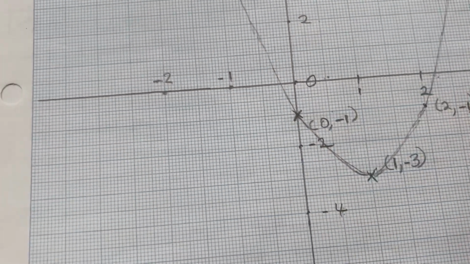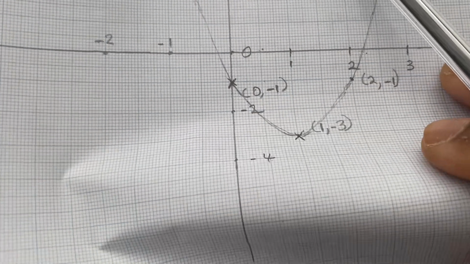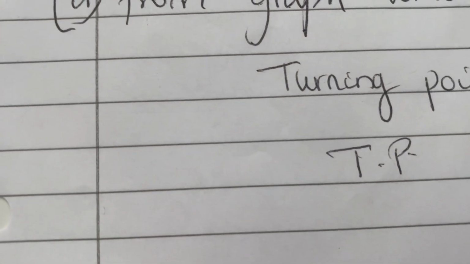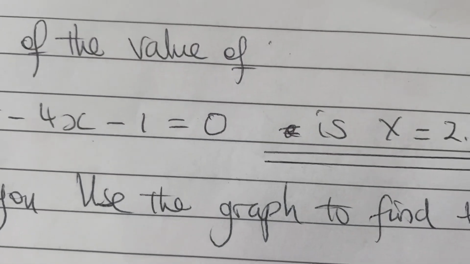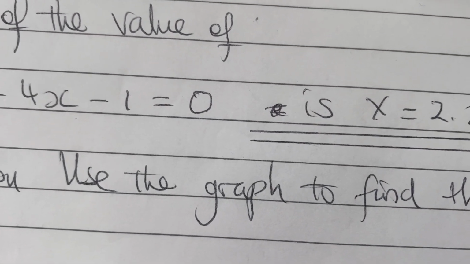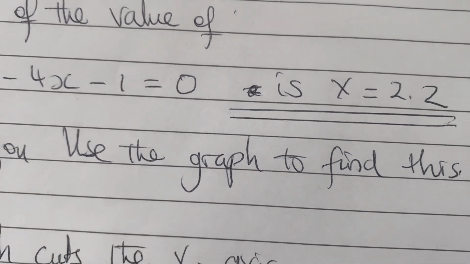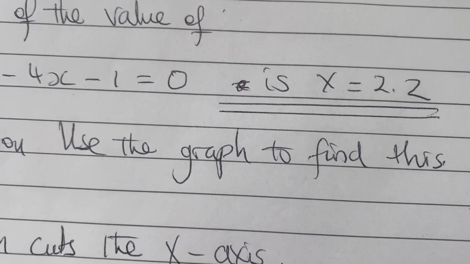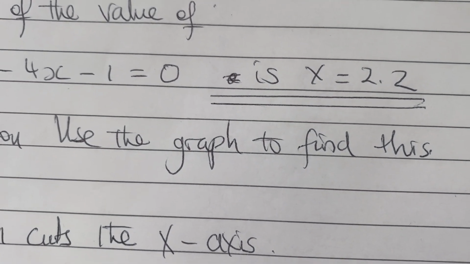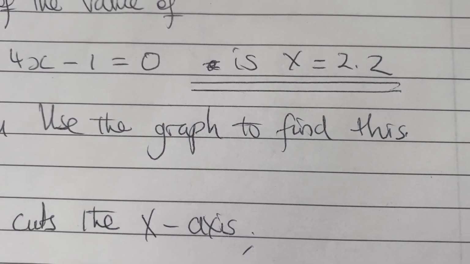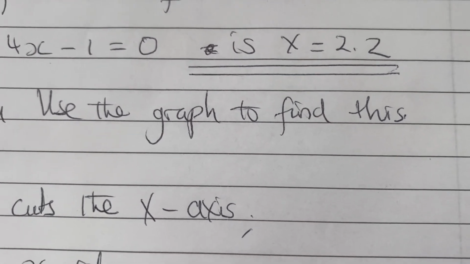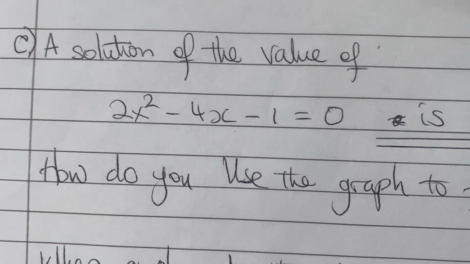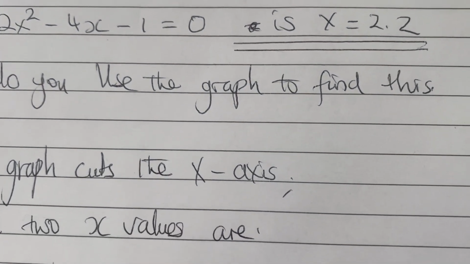So from the graph, okay, from this graph, I've written x is 2.2. Okay, a solution of the value. How do you use your graph to find this? Okay, so a solution of the value of x is 2.2.